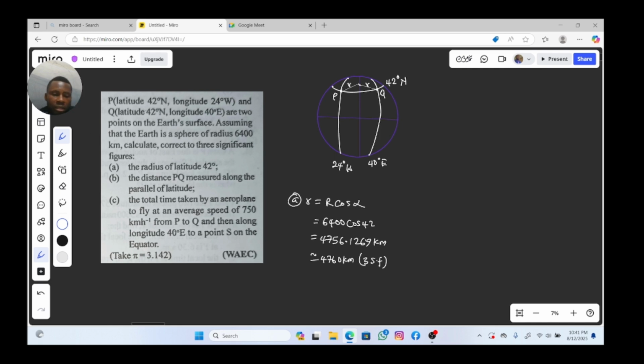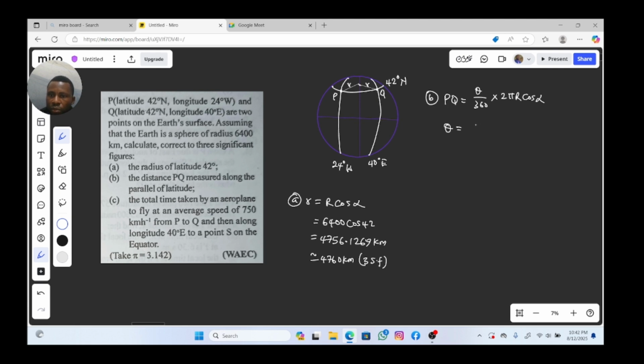Number two says the distance between P to Q measured along the parallel of latitude. So for B, PQ is equal to theta over 360, that's the formula, times 2 pi capital R cos alpha. So we have to calculate that distance. We need to get the theta there. Theta is this longitude on different sides of the Earth.